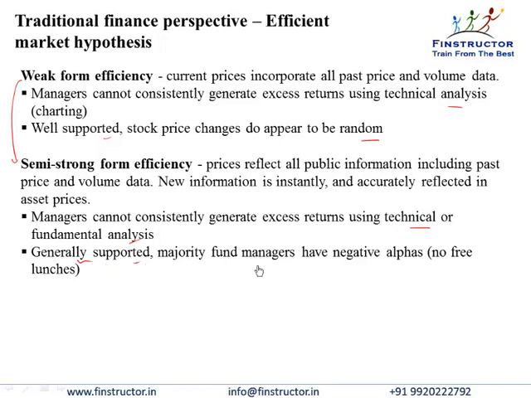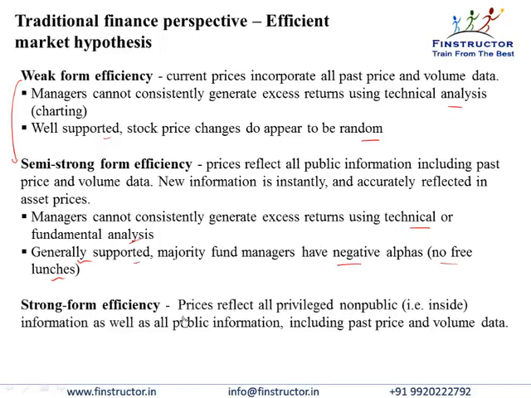The majority of the fund managers and professional money managers have negative alpha. That is, there are no free lunches, or by analyzing public information, you cannot generate excess return. The strong form efficiency says that prices reflect all privileged information as well, that is insider information, including the semi-strong and the weak form assumptions.